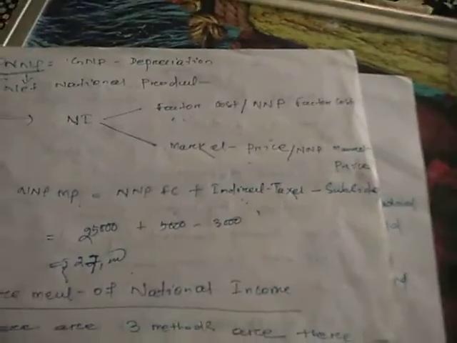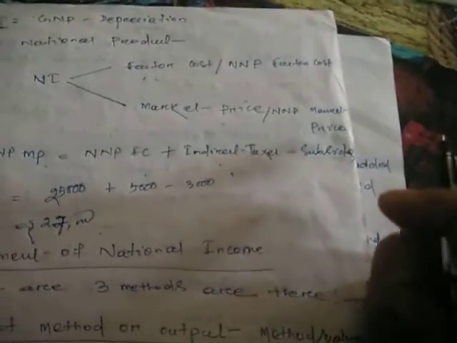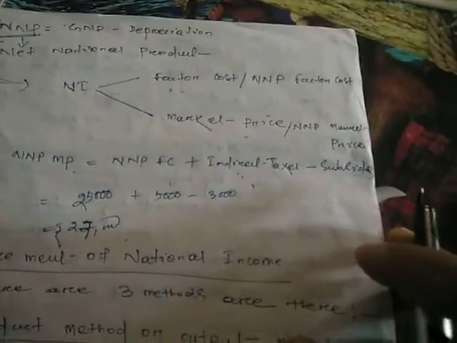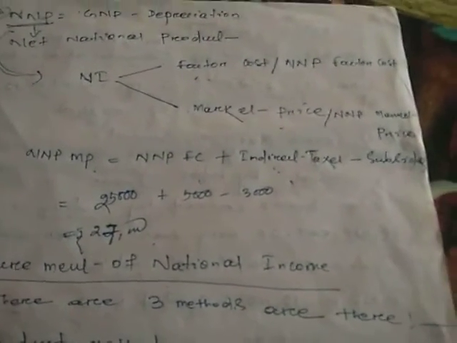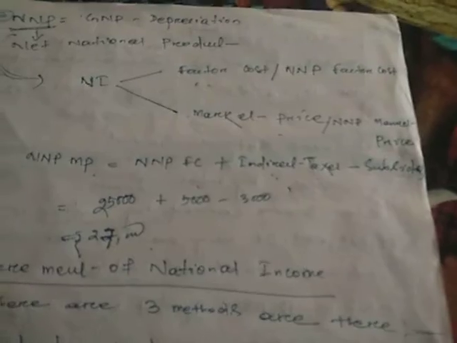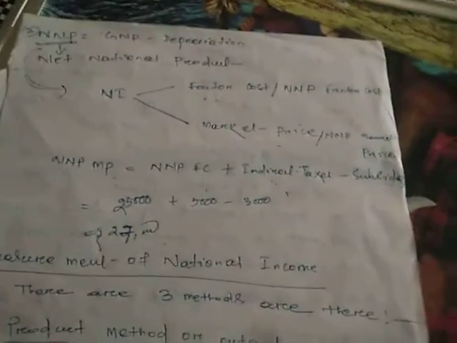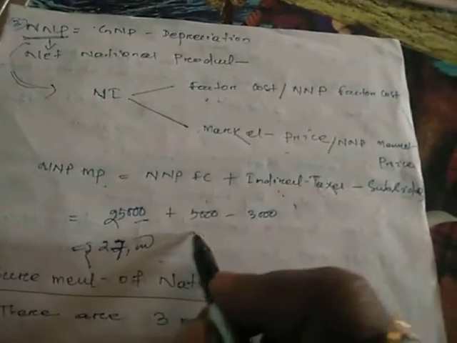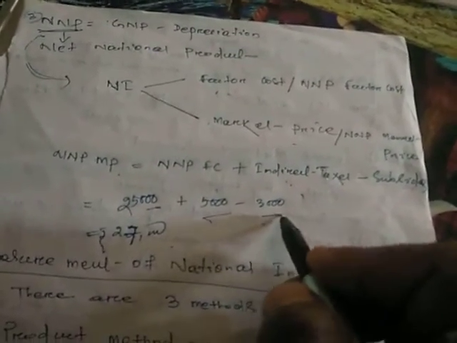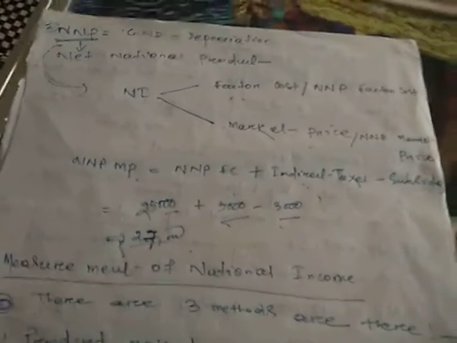And another is subsidies. If the government provides some subsidies when we purchase any item, especially an agricultural item, agricultural instrument, so many times the government provides subsidies, that will be considered here. So in NNPMP, suppose a product price is 25,000, indirect taxes 5,000, then subsidies 3,000, then you get 27,000 here, right? That is your NNPMP market price.